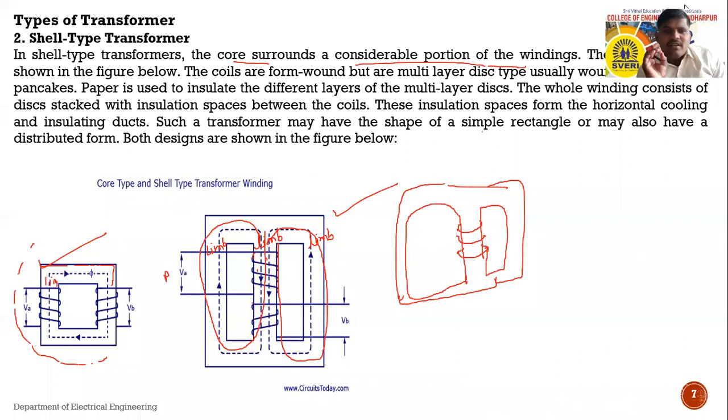Okay, so this is the main difference between core type and shell type, and according to this construction feature, there are these two types of transformer, that is shell type and core type.